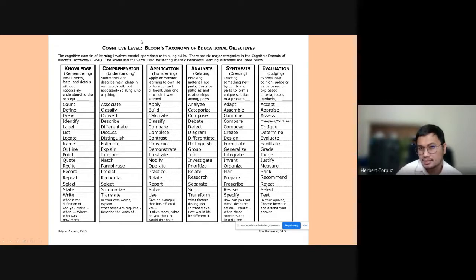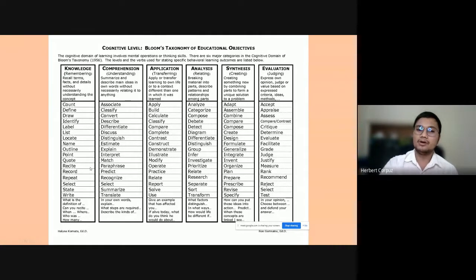These correspond to remember, understand, apply, analyze, create, and evaluate. But so as not to be confused, we make use of remembering, understanding, transferring, relating, creating, and judging. So these are Bloom's Taxonomy of Educational Objectives.